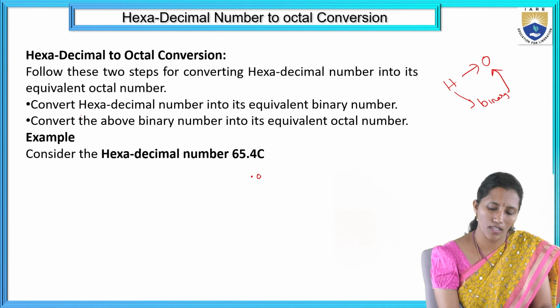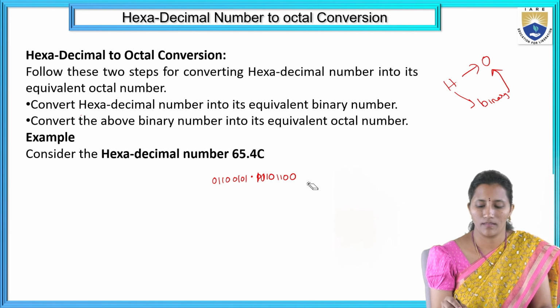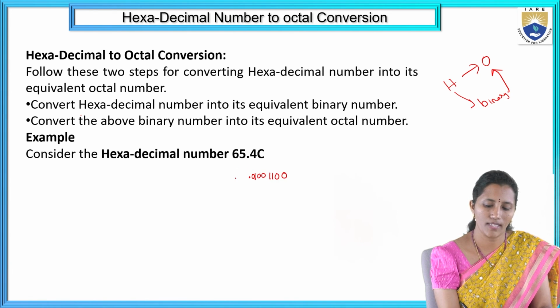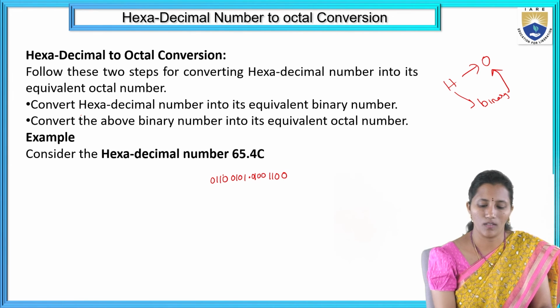So here represent each digit by 4 bits. 6 is represented by 0110, 5 is represented by 0101. After the point, 4 is represented by 0100 and C is represented by 1100. So each digit should be represented by 4 equivalent binary digits.